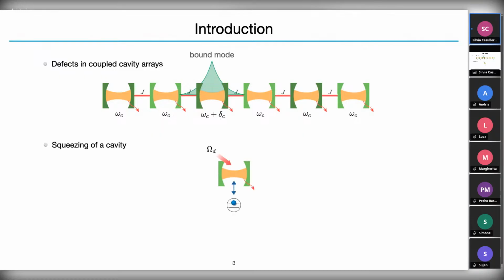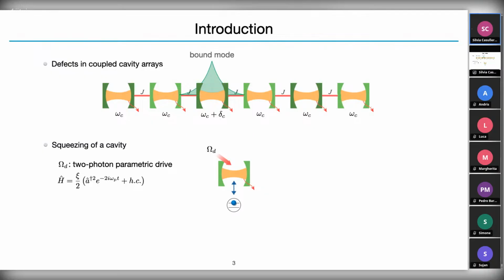Then there's another one, which is considering even just one single cavity and thinking what happens if we apply squeezed light to this cavity. So, some driving, and in particular, the kind of driving that we are considering are two-photon parametric drives.